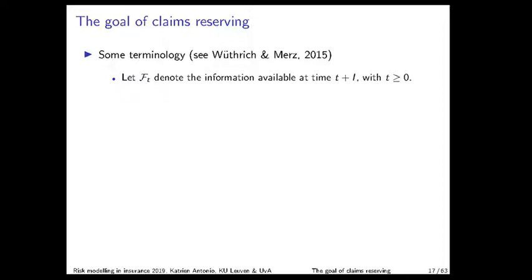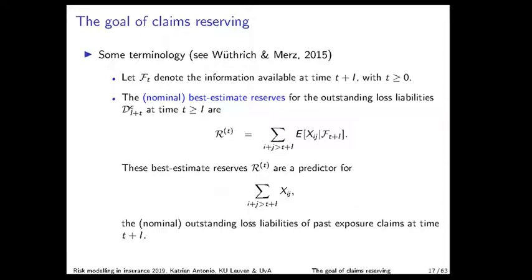So let t refer to such a future time point and let calligraphic F_t be the information available at time t plus I. The best estimate reserves calculated at time t will then be denoted as calligraphic R with a superscript t. These estimate the incremental claim amounts or cash flows that will be paid beyond time t plus I and will capture the remaining future runoff of the claims related to past exposures.